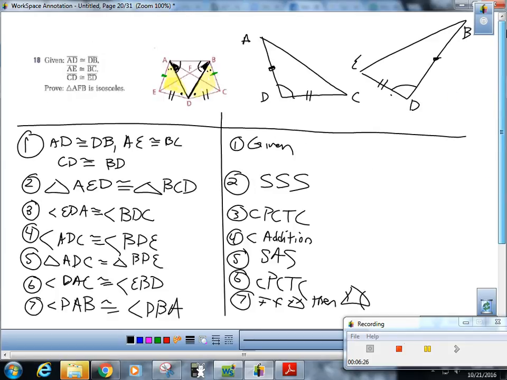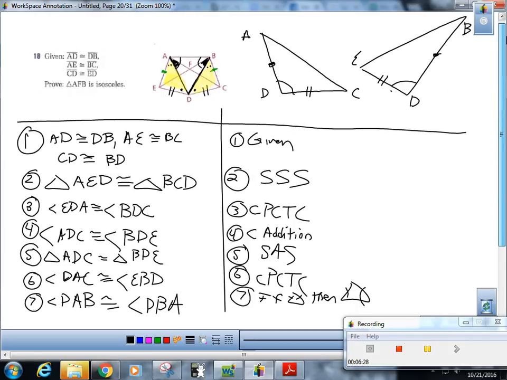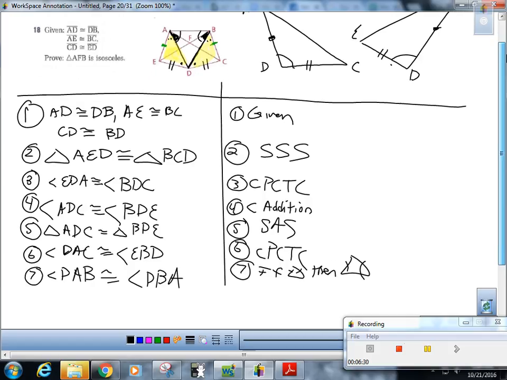Now I can say that angle FAB is congruent to angle FBA by, who's paying attention right now?